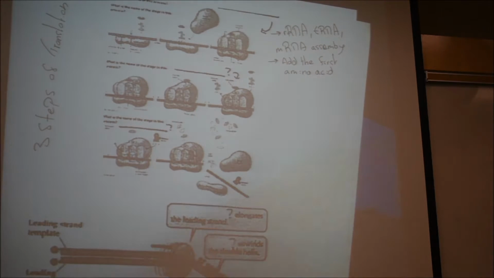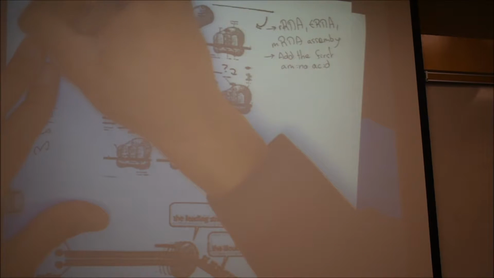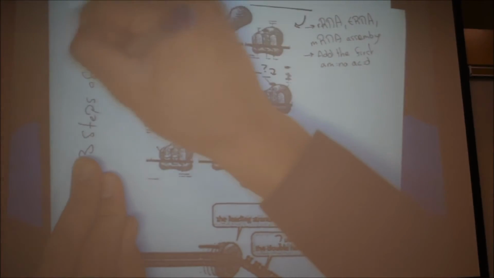Now, what do we call this first step of translation? This first step is referred to as initiation. Very good. So this first step is called initiation. Perfect. All right, so that's the first step.